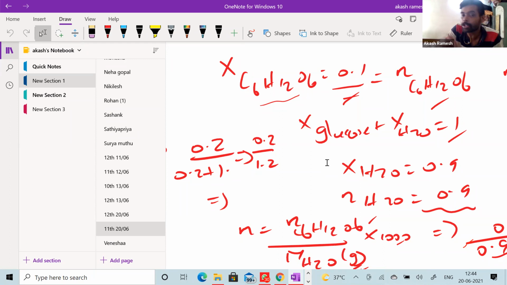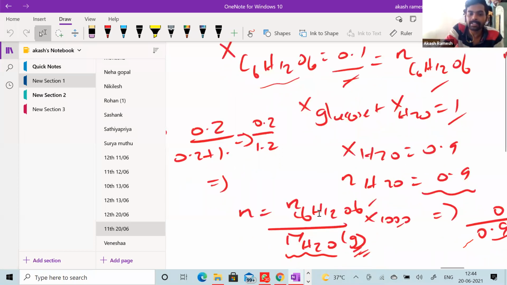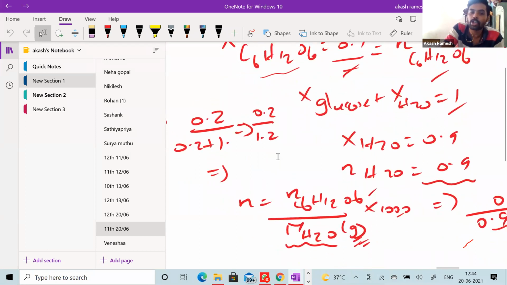But if at all they want you to find it, say for example, in this case, they didn't mention anything. I just asked you to find the molality and you calculated the molality for glucose. Correct. But this is by default. If they want you to find the molality of water, that is the solvent, they will give it to you in the question. Unless and until they mention anything like that, you calculate only for the solute.